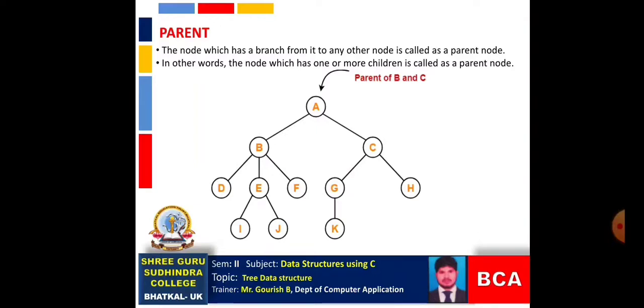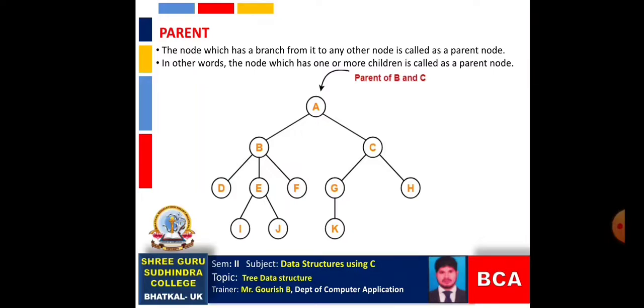parent of a node means, see, the tree is growing from top to bottom, right? It starts from A, then B. That means here A is the predecessor of B and C, right?